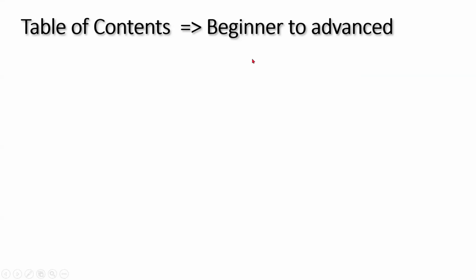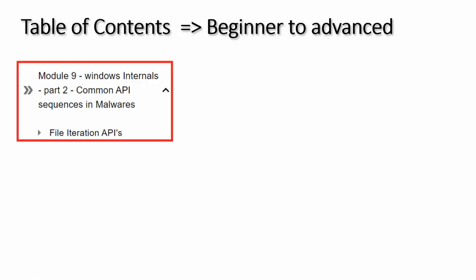The table of contents has been designed in such a way that the modules at the beginning cater to the beginners, while the later modules are targeted towards intermediate level and advanced level malware analysts.